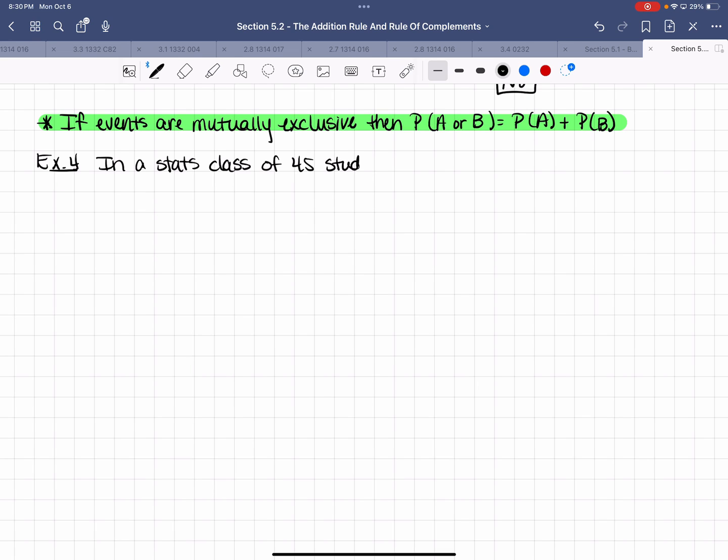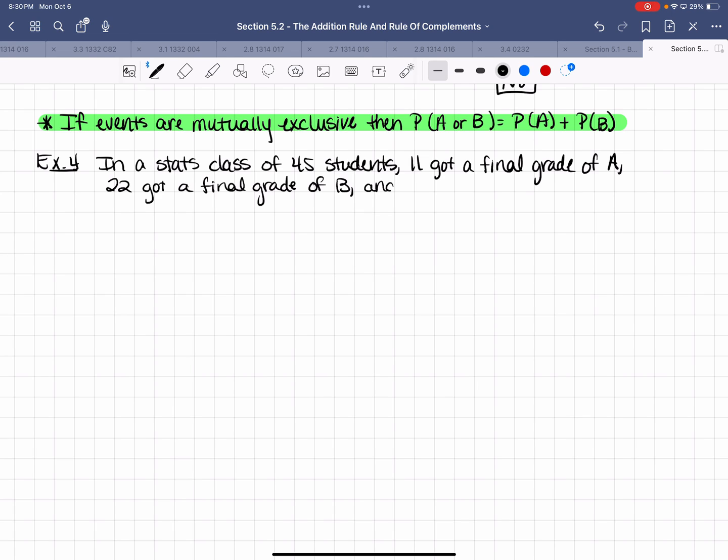It's a big class. 11 got a final grade of A. 22 got a final grade of B. And 8 got a final grade of C.